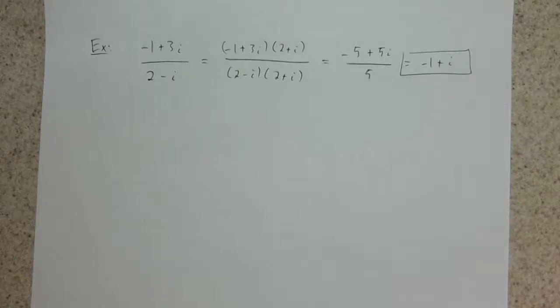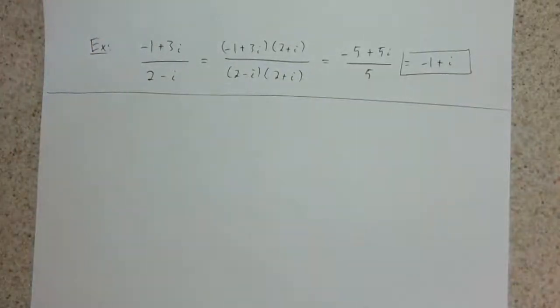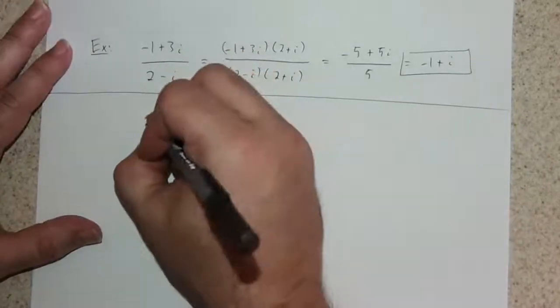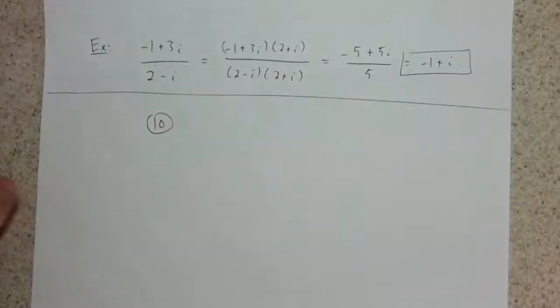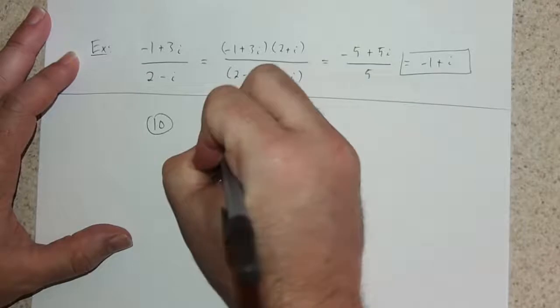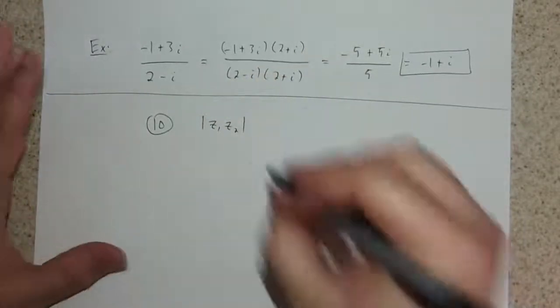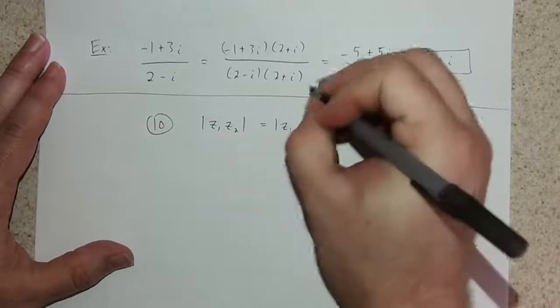All right. And so this also allows us to keep tossing in facts to our list. So maybe talk about fact 10 involving moduli, right? If I take the modulus of a product of complex numbers, this is the product of the moduli.